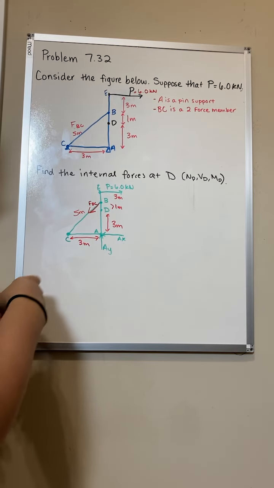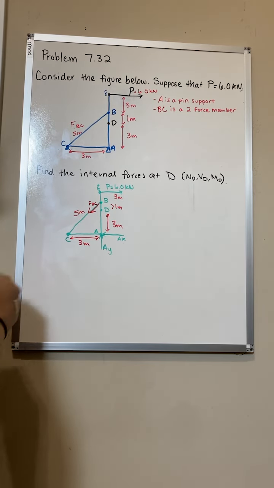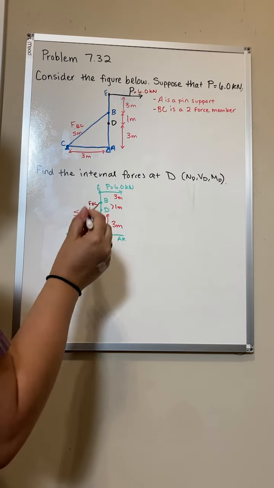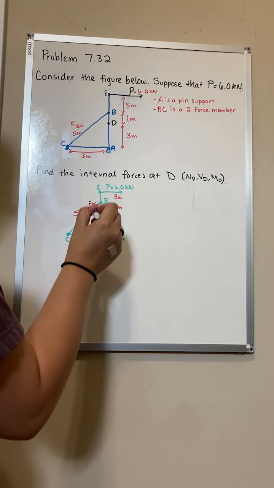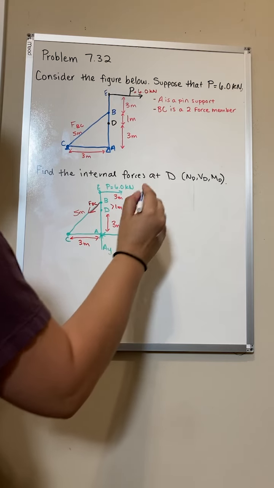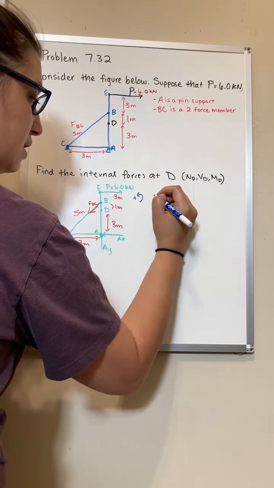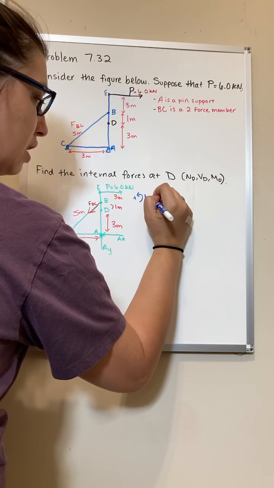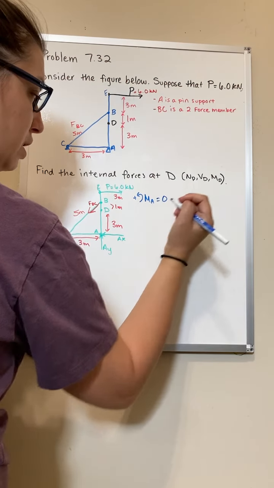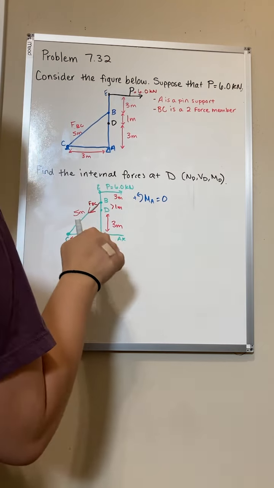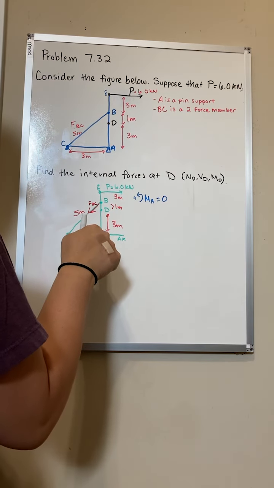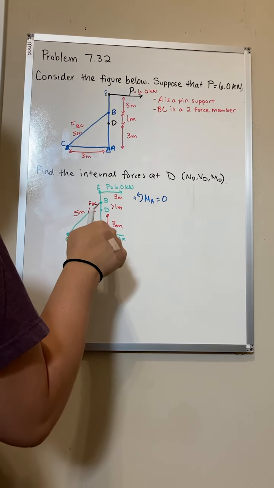So the easiest thing to do, and where we're going to start, is take the moment about point A, which will allow us to find force BC. So we take the moment about A with counterclockwise being positive. The moment about A equals 0. AY and AX, of course, intersect A, so we're not concerned with those.